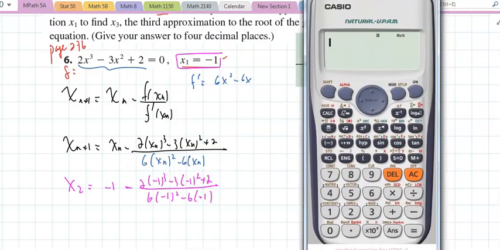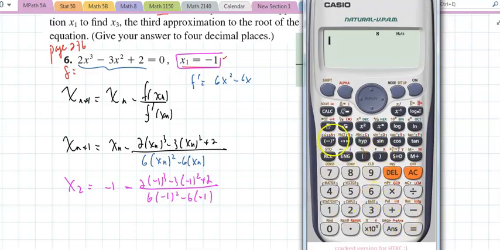Okay, if I take negative 1 minus parentheses 2 times a negative 1 cubed minus 3 times a negative 1 plus 2 divided by 6 times a negative 1 squared minus 6 times a negative 1, I'll get negative 1.25.